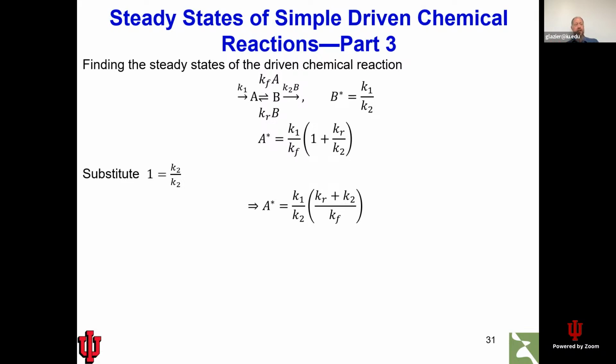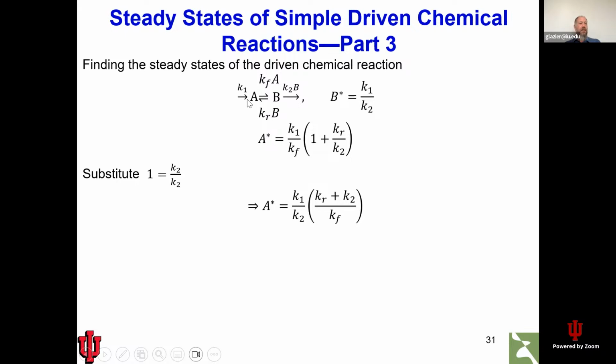Well, one way to think about these things, if you don't want to have to do the algebra, is ask the question, if I increase a parameter, should it increase or decrease the amount of A? If it increases the amount of A, then it's going to come in the numerator here. If it's going to decrease the amount of A, it'll go in the denominator.